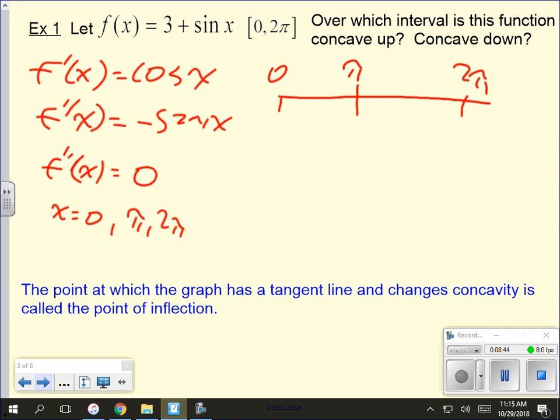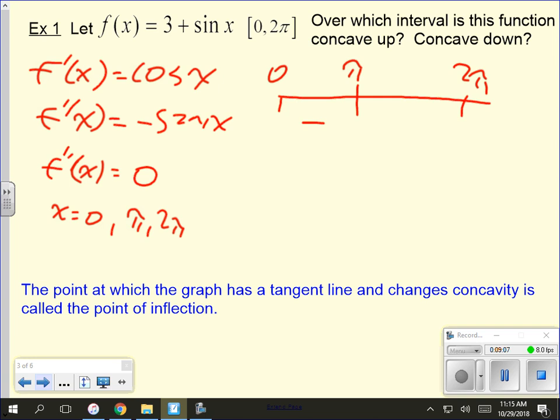So I pick a number between 0 and pi, let's say pi over 2. Put pi over 2 into negative sine. The sine of pi over 2 is 1, the negative of that is negative 1, so it's negative.